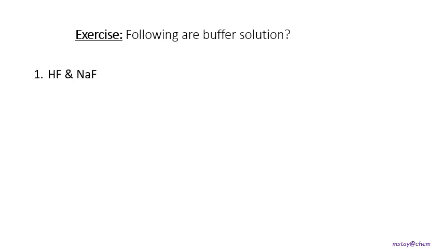Hydrogen fluoride, yes, is a weak acid. So if this is the weak acid, the conjugate will be F negative. So NaF is the salt which contains the F negative. So the first one is a buffer solution. Second, HCl is a strong acid, so it cannot be a buffer solution.